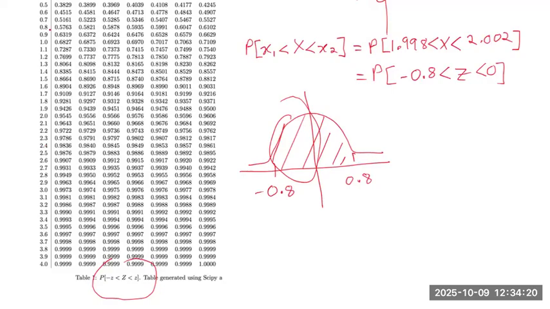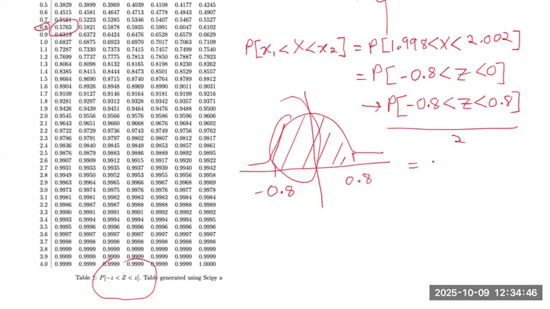So if we find 0.8 in our table, the area is going to be 0.5763. So basically, we're going to have the probability from negative 0.8 to 0.8 and then divided by 2.